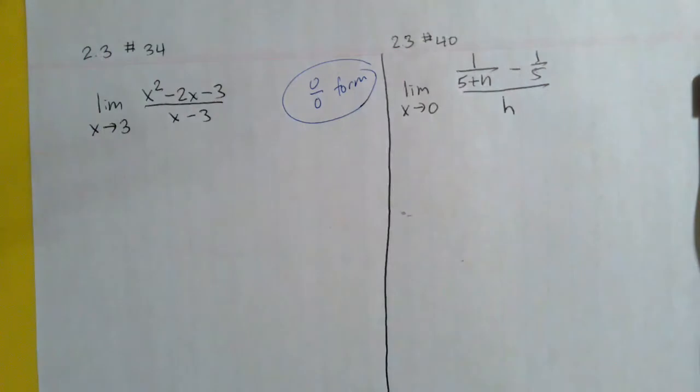And this is an example of something called an indeterminate form. What that means is the form that it's in, if we go to evaluate it, does not give us information about the limit. A very important thing to remember when you see that indeterminate form is that does not mean that's the end of the problem.